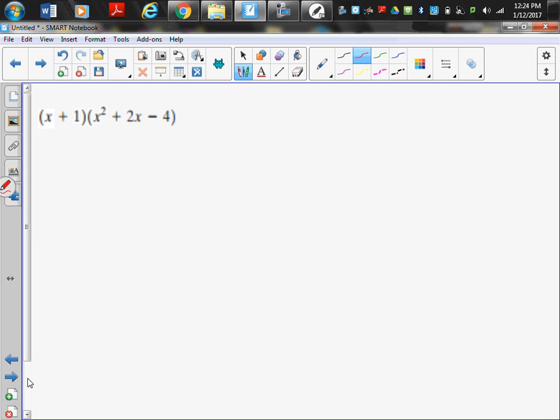So I have x plus 1 times x squared plus 2x minus 4. I'm going to put the biggest one on top, x squared plus 2x minus 4. And I want to multiply it times x plus 1.